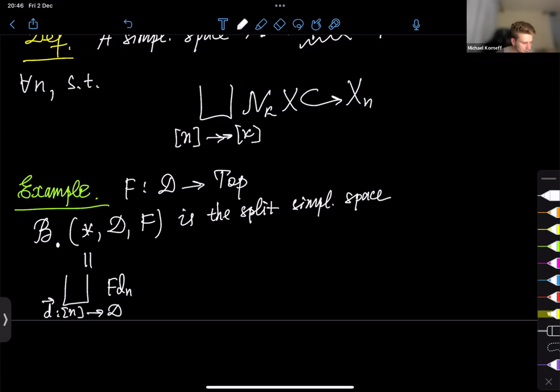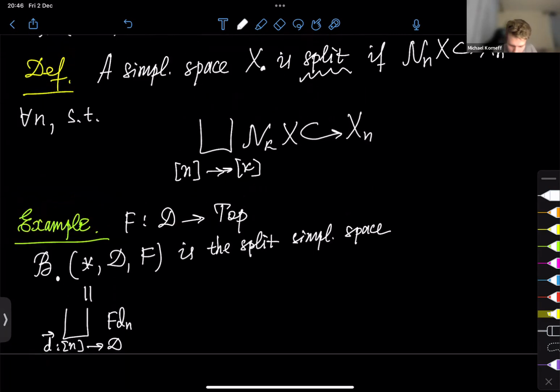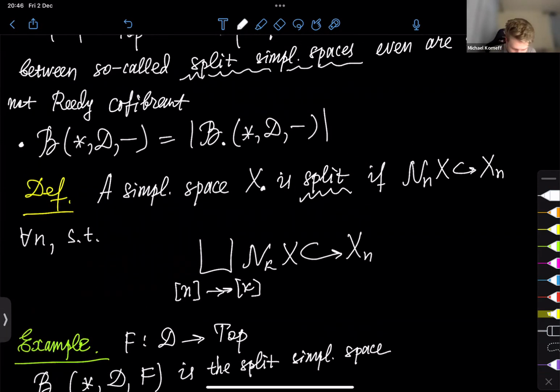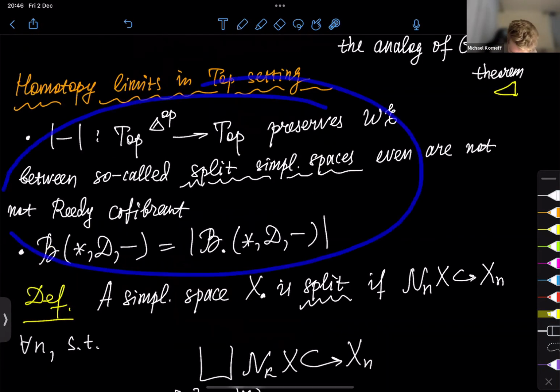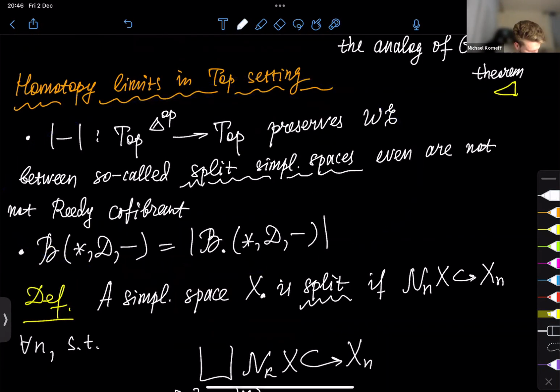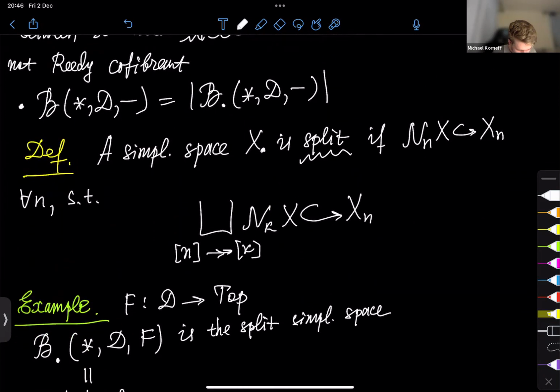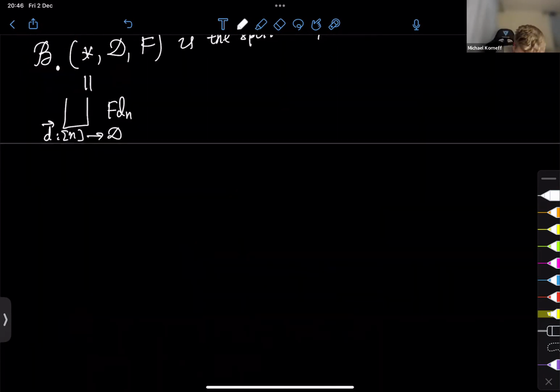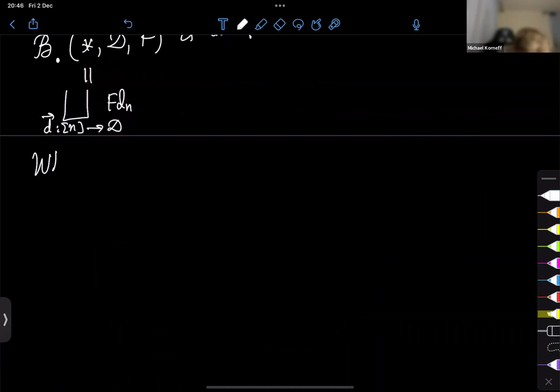Okay, and now we want to prove these facts, and for doing so, we observe that when X is split, then we get a push-out diagram.